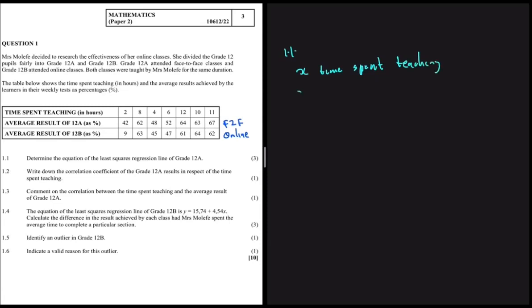And our y is going to be the average result for the class, so the average result for grade 12A. You cannot really calculate the least squares regression line manually, especially if the question has only 3 marks. So to do this, we're going to use a calculator. Let me show you how we do that.